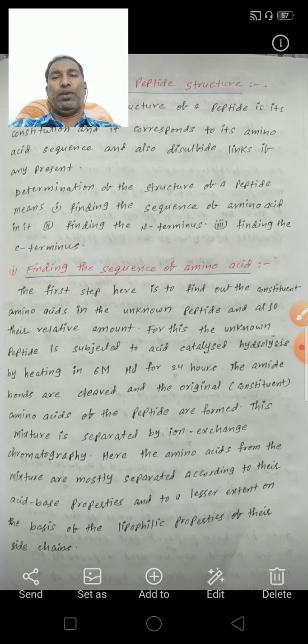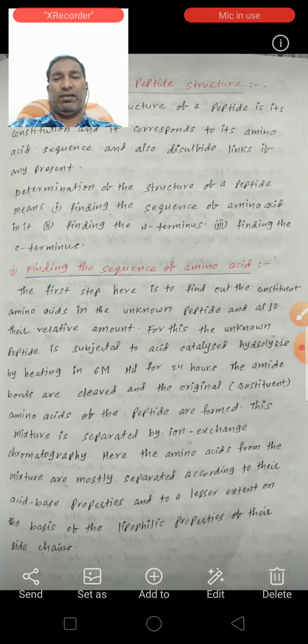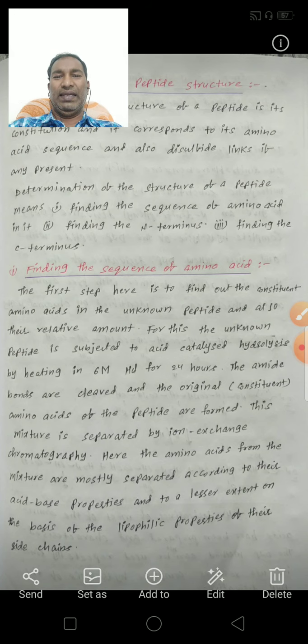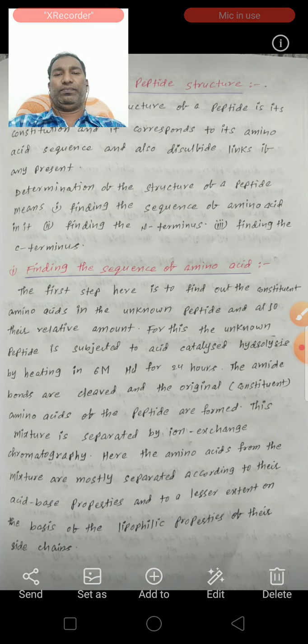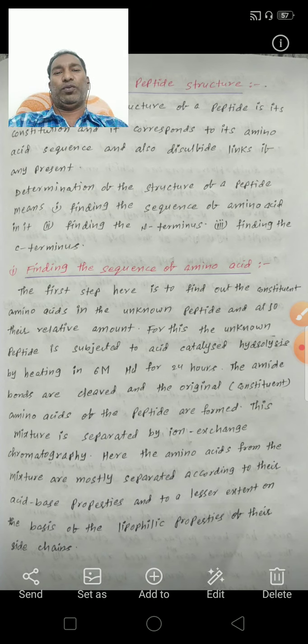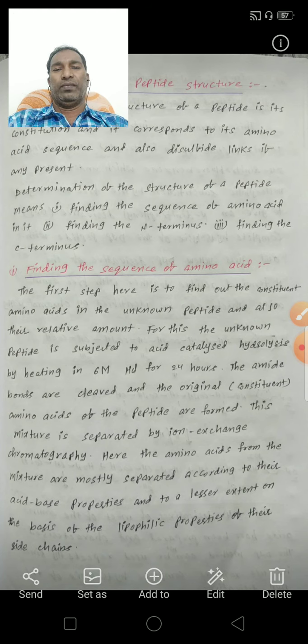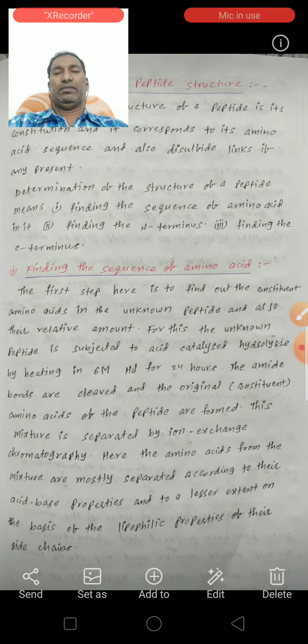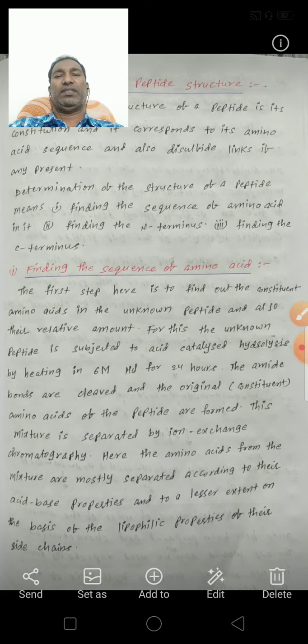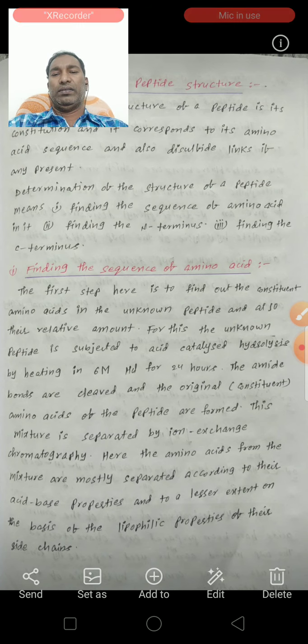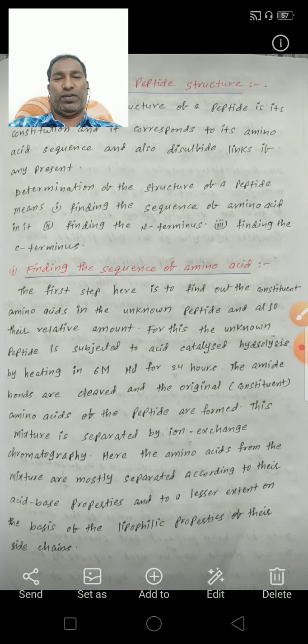For this, the unknown peptide or polypeptide is subjected to acid catalyzed hydrolysis by heating in 6 molar HCl for 24 hours.